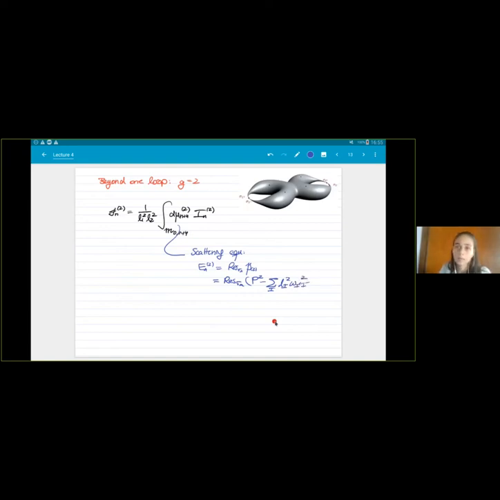This has to be there because otherwise the residues are not well defined. But we need an additional term here, which turns out to be L1 plus L2 square omega, sorry, omega 1 plus 1 minus omega 2 plus 2 minus.